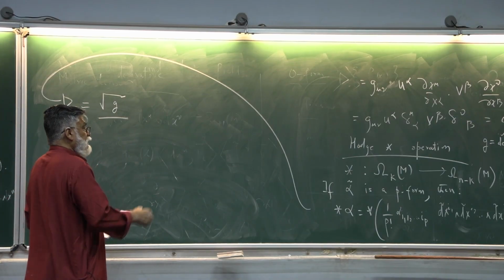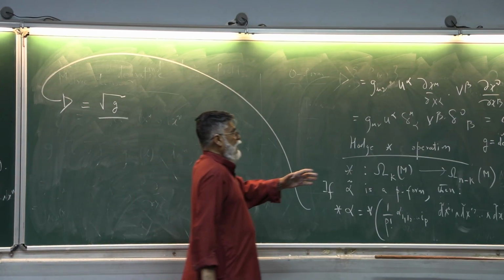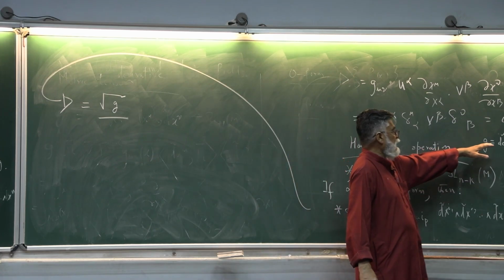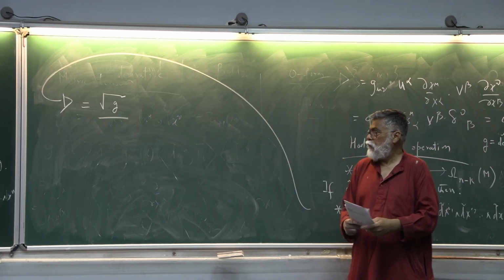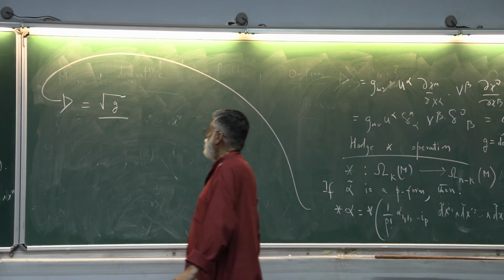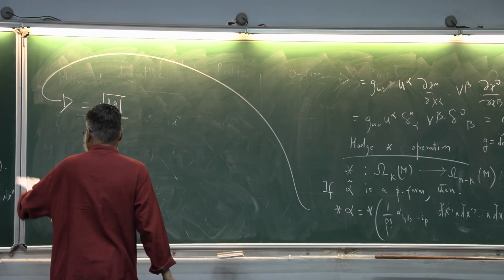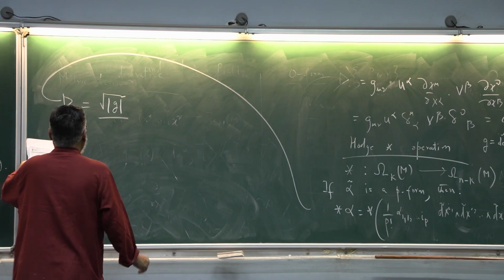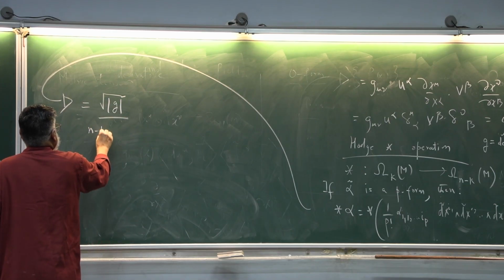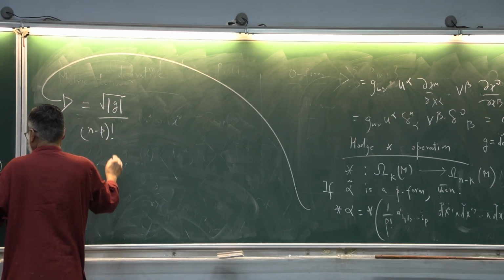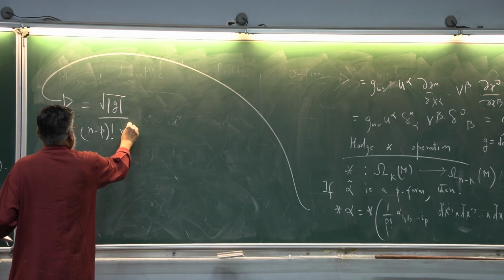I have assumed that the determinant is positive, but because when we have Lorentzian signature that will be negative, I'll write it as the square root of mod G, divided by n minus p factorial, n factorial.